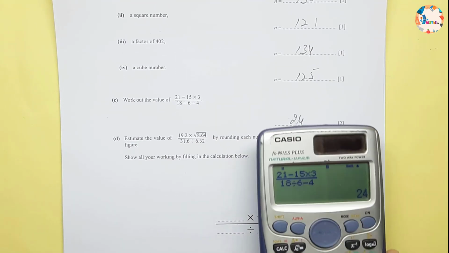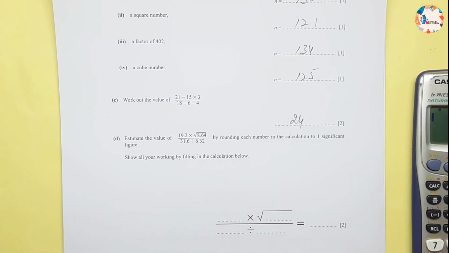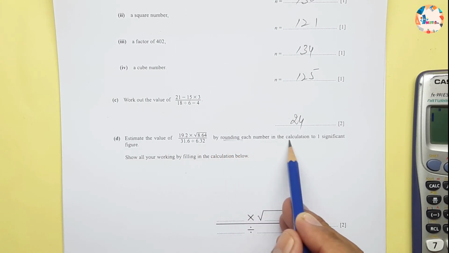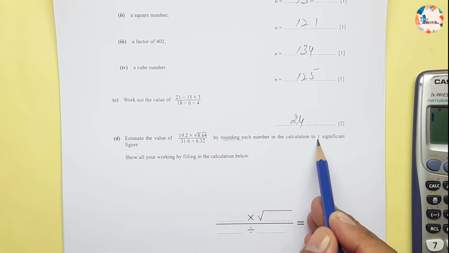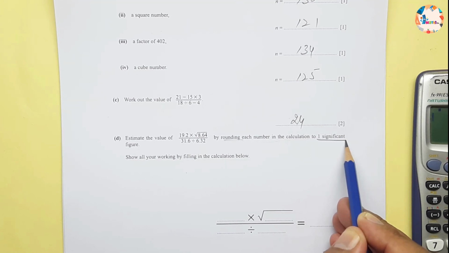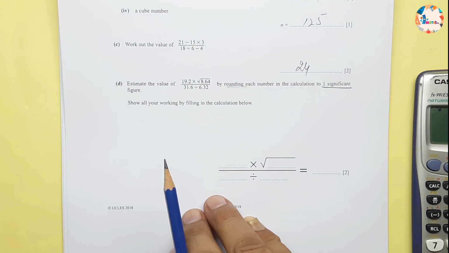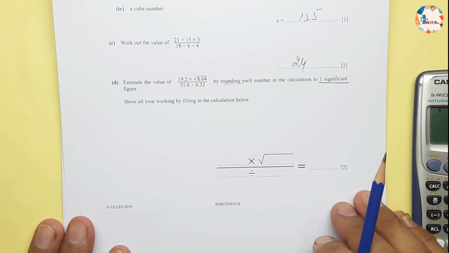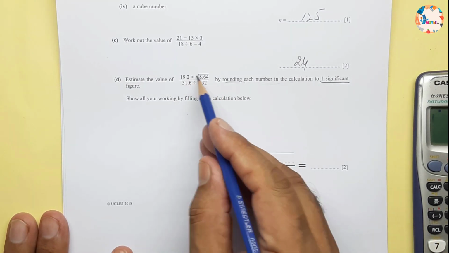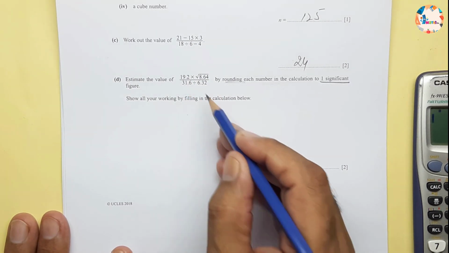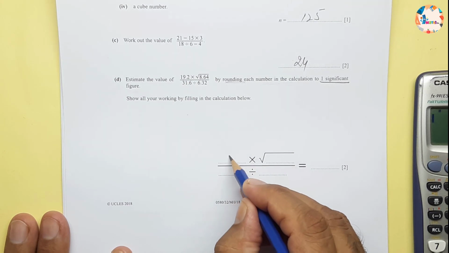Then estimate the value of this one by rounding each number in the calculation to one significant figure. So this is not by calculator, we have to estimate, but to one significant figure. So 19.2 to one significant figure will be only 1, but we have to lose 9, so it will be 2.